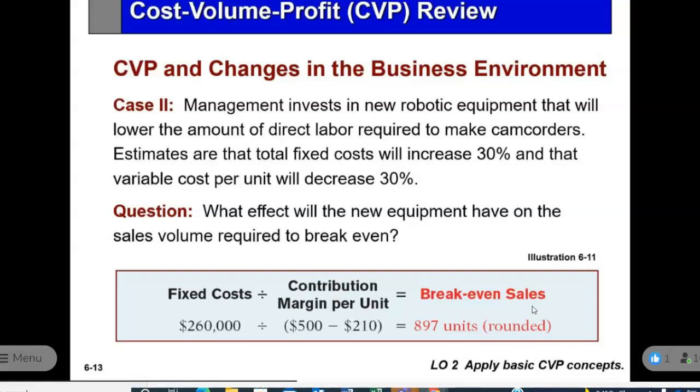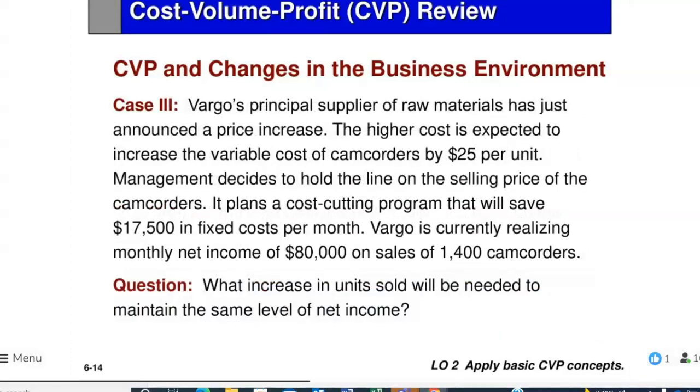So this is a possible course of action that we may pursue. If my break even is lower, then I would be more profitable under this alternative than the way I am now. Okay, so this would be a viable alternative.